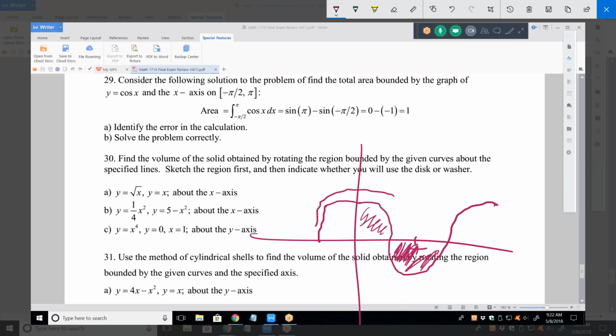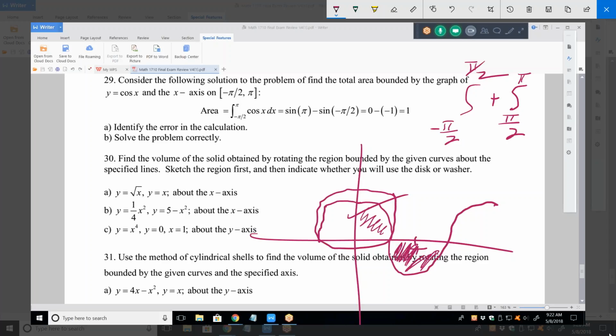I could figure out the area of that, which is going from minus pi over 2 to pi over 2. Okay, that'll give me an answer. It's all positive. And then instead of subtracting, I'm going to add the area from pi over 2 to pi.